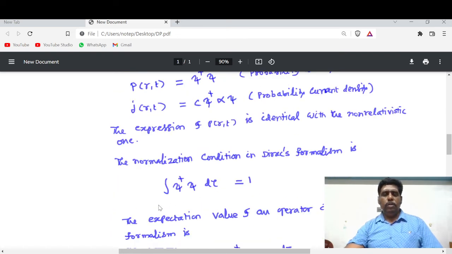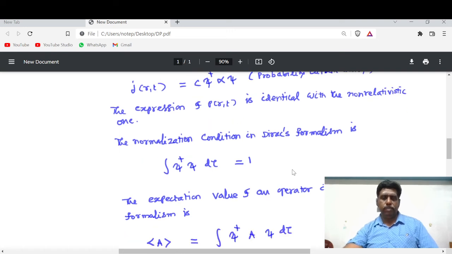Then if you define the normalization condition in Dirac space, integral psi dagger psi d tau equal to 1 is our normalization condition, whereas in non-relativistic quantum mechanics, the normalization condition is integral psi star psi d tau equal to 1.